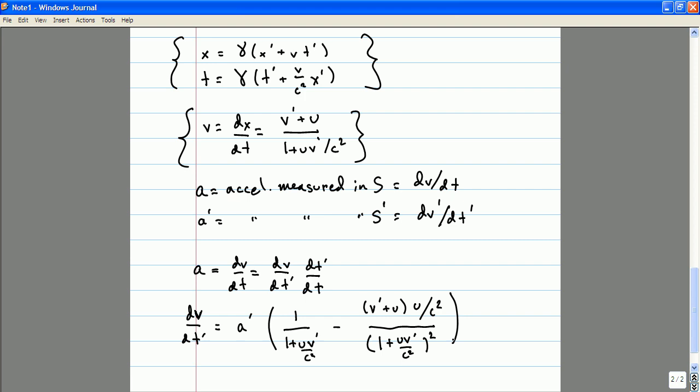And then in the numerator, we have the derivative of the denominator with respect to v prime times v prime plus u. We can collect those terms.